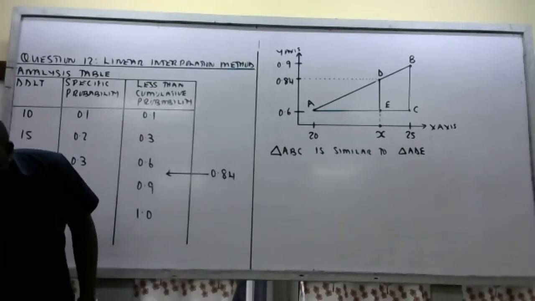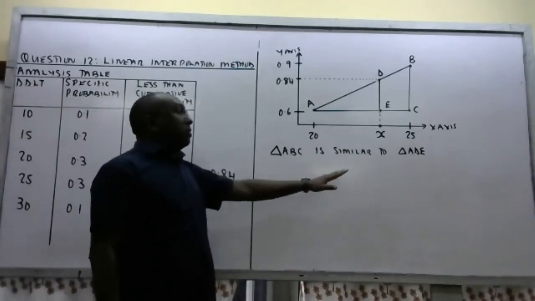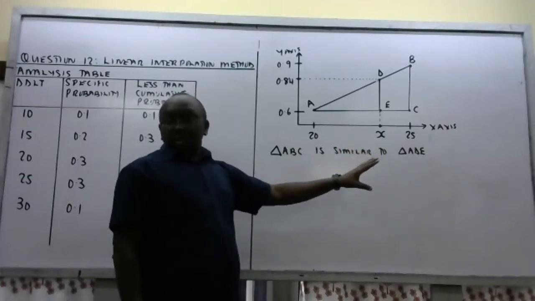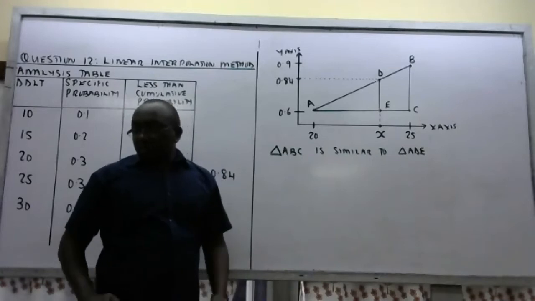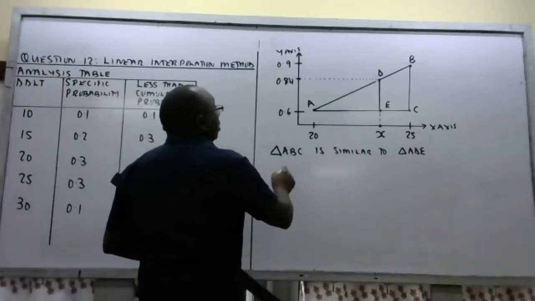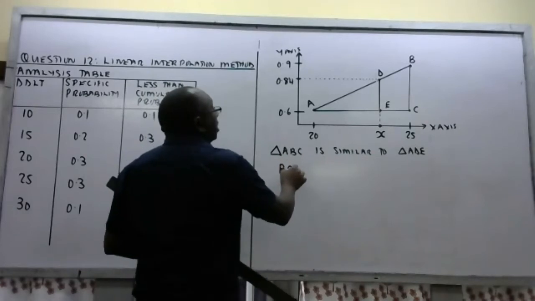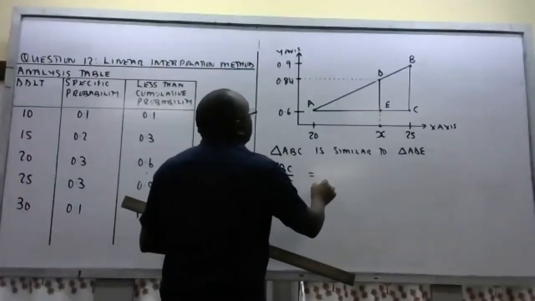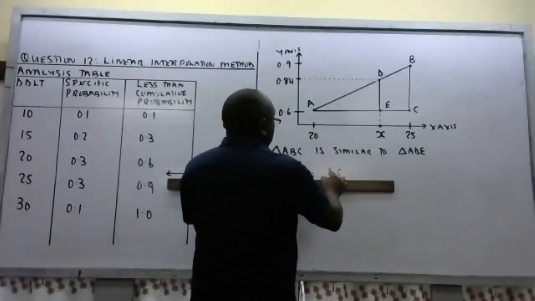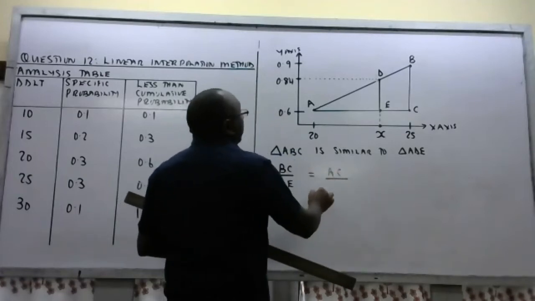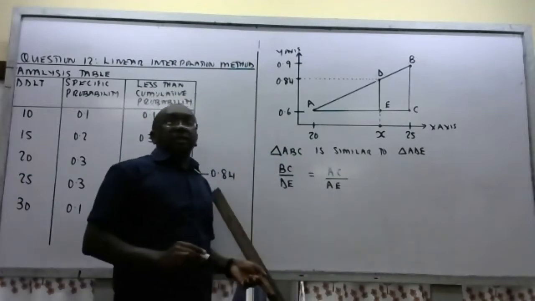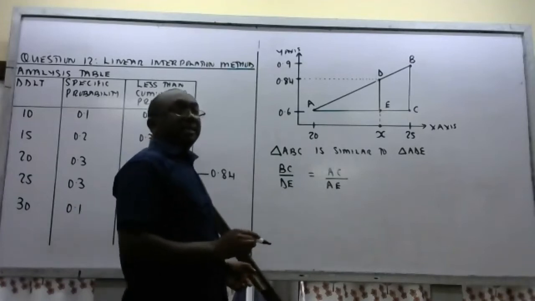According to this method, it assumes that if two figures are similar and some values are known, then you can be able to know the other values. So you will say BC divided by BE should be equal to AC divided by AE.